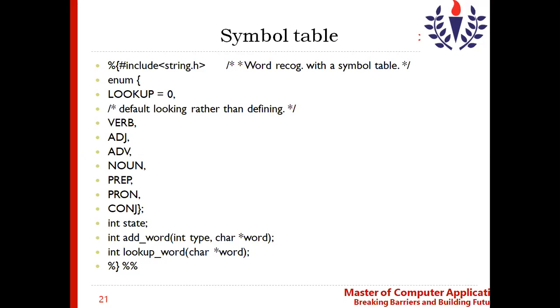In the lookup word function, the word you want to search for is passed, so that if the word appears in the linked list, it will be matched and the type of the word returned. So there are two functions declared over here. This whole thing is about the definition section.